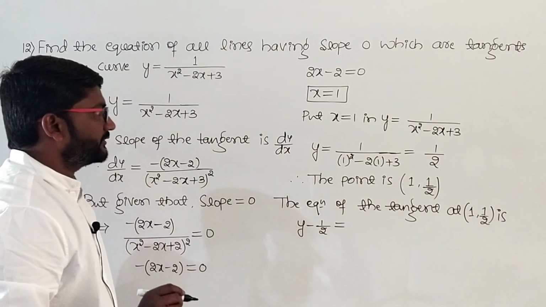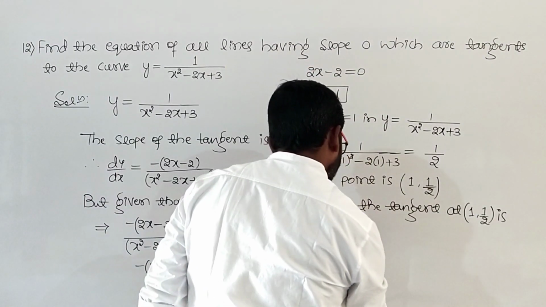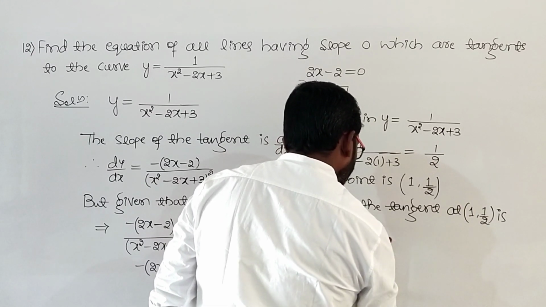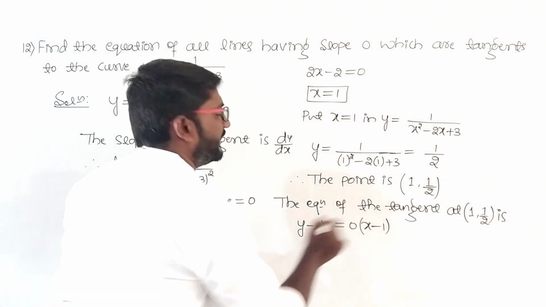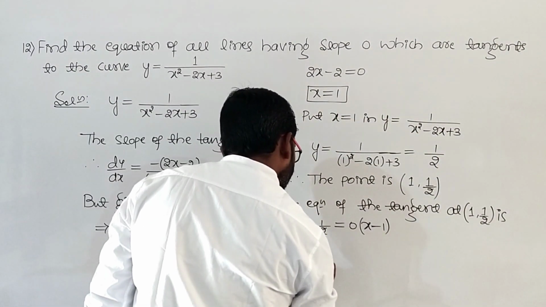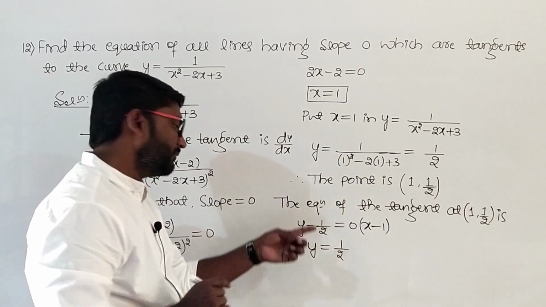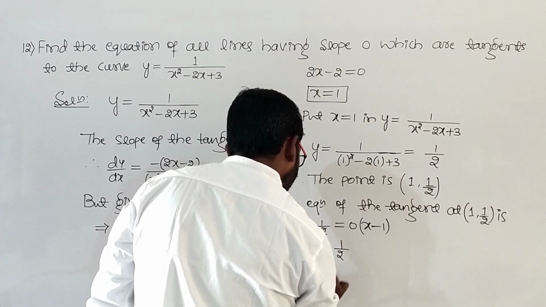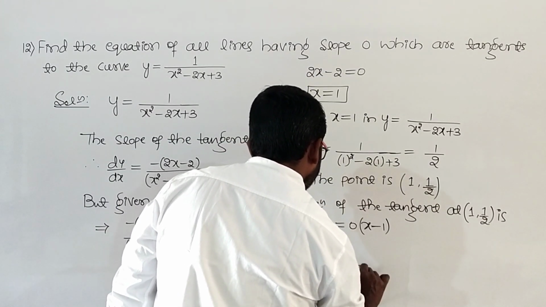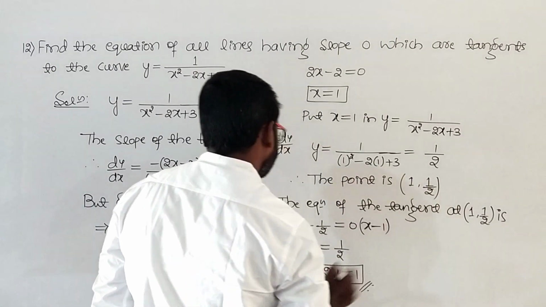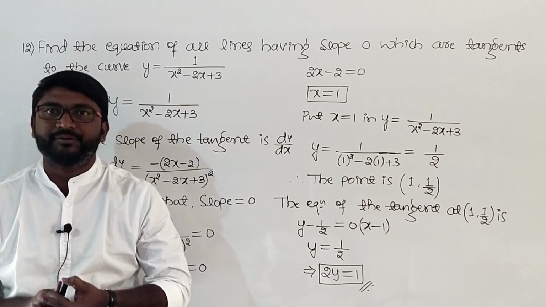What is the slope here? The slope is 0. Is that clear? This is into x minus x naught, where x naught is 1. Now 0 into anything is always 0. You get y equals 1 by 2, or 2y equals 1. This is the equation of the tangent line. This is all about the 12th problem. Write down this and then we'll move on to the next problem.